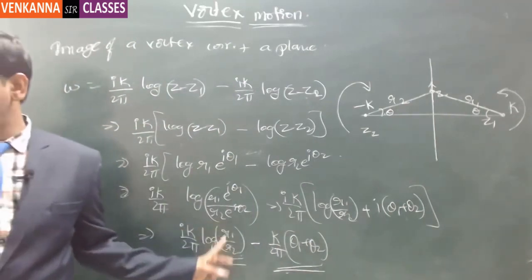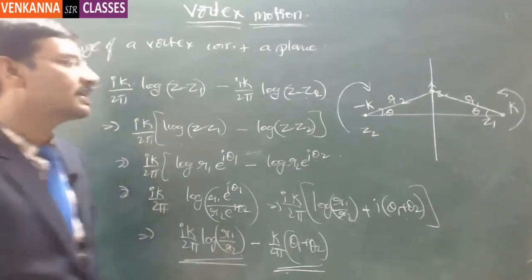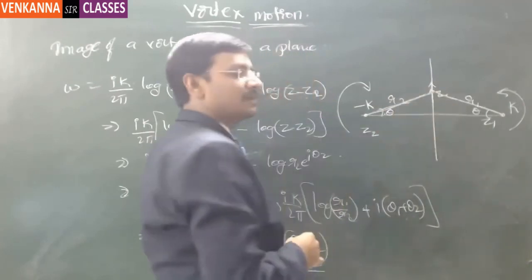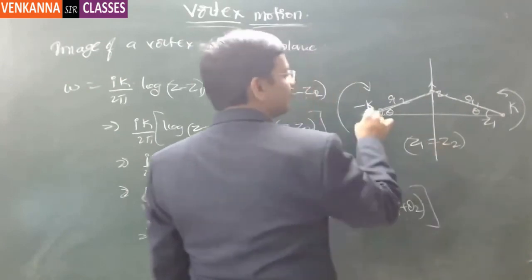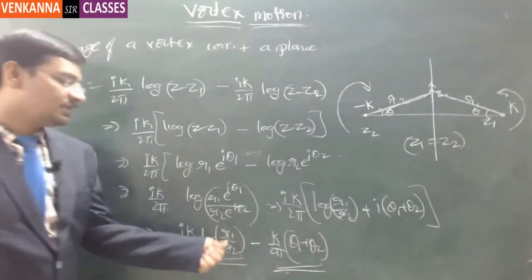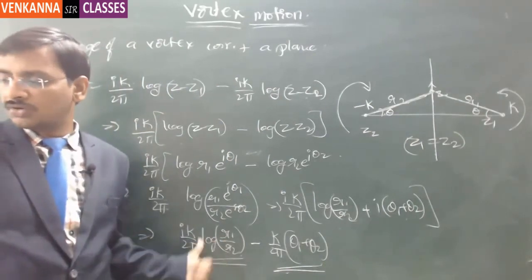Now what if R1 is equal to R2? If R1 is equal to R2, these two will get cancelled out, right? Now if you take one point on the boundary, and these two are located at exactly the same distance, then obviously R1 is equal to R2 at any instant. That means this ratio is nothing but 1, and log of 1 will come out to be 0.